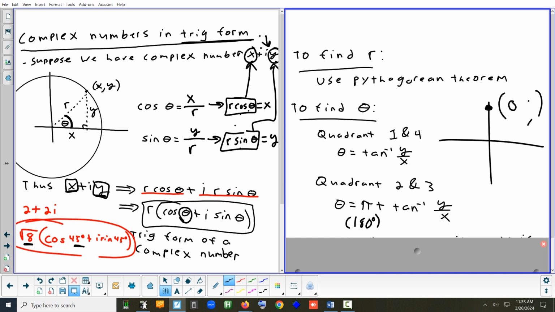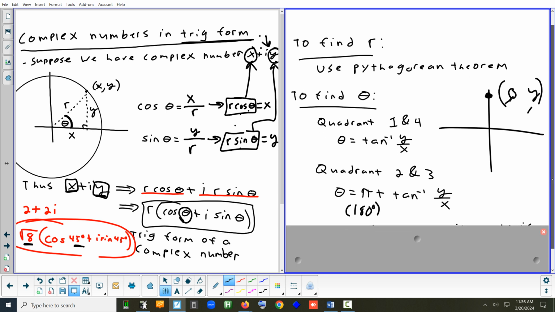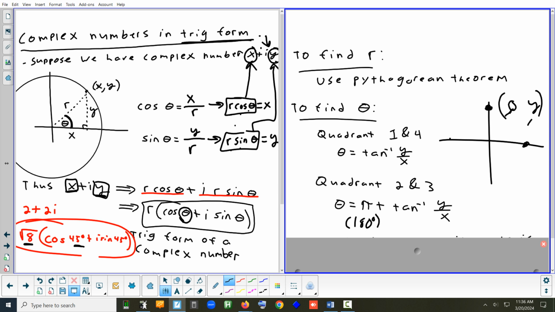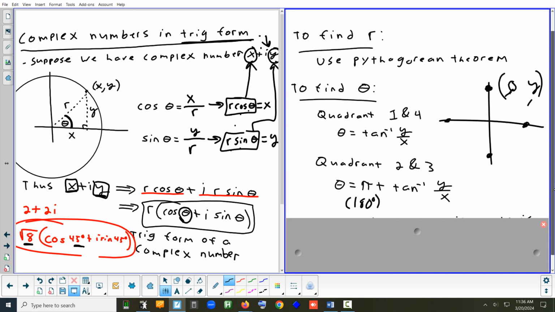I don't know the y value. There's some y value. But the x value is 0. What would happen if you tried to plug in 0? You'd run into a problem. These formulas don't work if you try to plug in 0 for x, because you'd be dividing by 0.